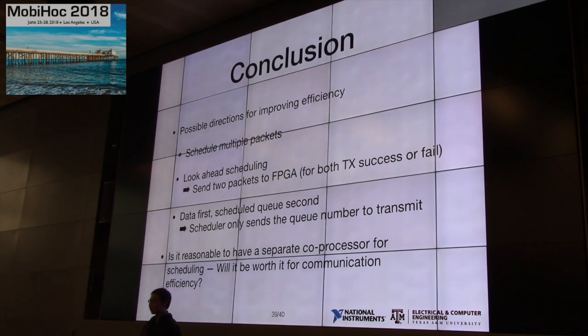And the answer may be no for sub-6, but when you start moving to millimeter wave and 5G type things where you have 2 gigahertz bandwidth, this latency becomes very important, and you want to make the best decision on scheduling. So maybe in that case, you want to put a scheduler right next to the NICs. So these are some of the questions that we're exploring, and yep, that's the end of my talk.